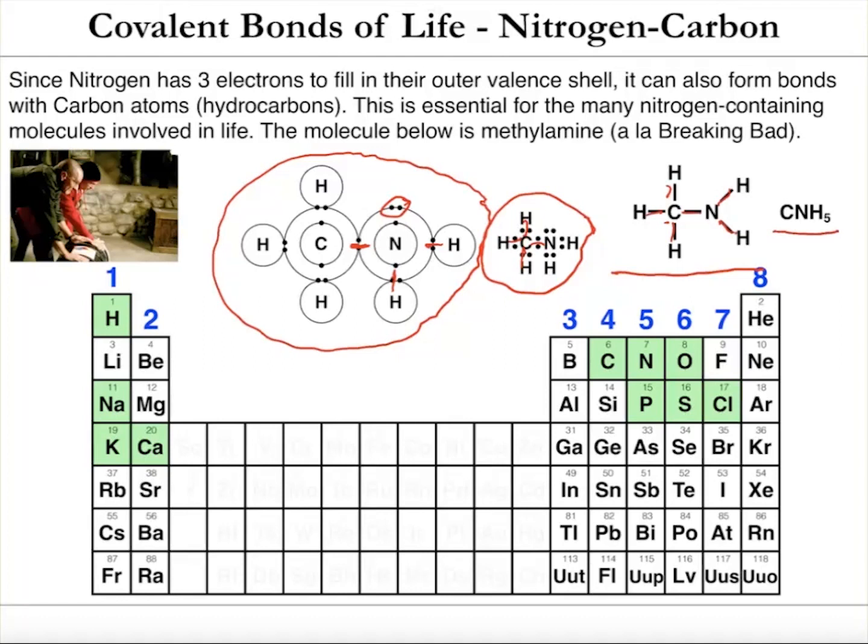It was mentioned in the television show Breaking Bad because they used this molecule to synthesize methamphetamine in that show. But in general, covalent bonds between nitrogen and carbon are very common, and you'll see them again and again when we start looking at biomolecules.